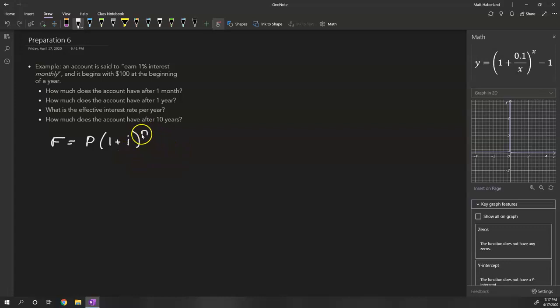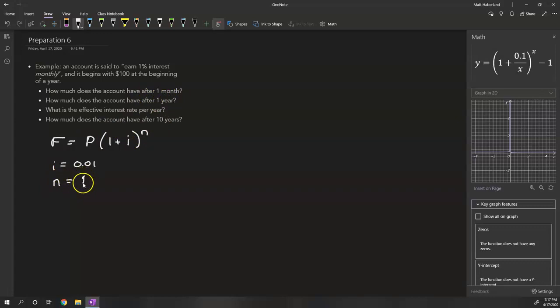This can be months, years, it doesn't matter. You just need to make sure that your effective interest rate corresponds with whatever unit of time you're using here. So in my case, I have i equal to 1% monthly, 0.01, and n is equal to 1 month for the first bullet point.